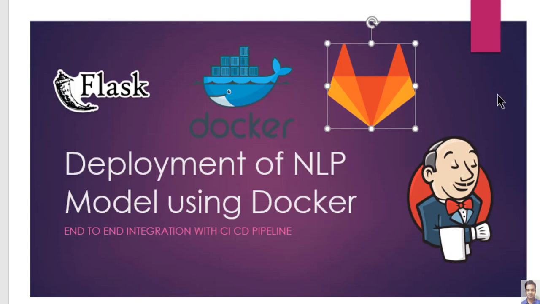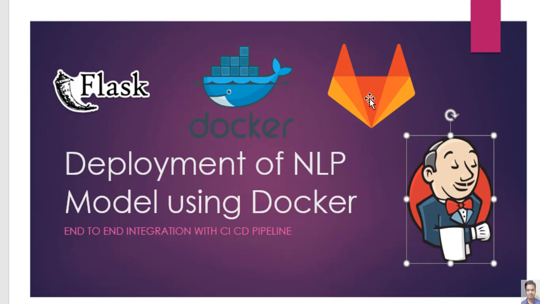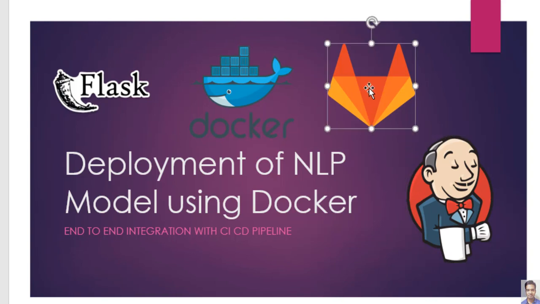For that, many companies are using GitLab. Git is generally for open source, and if you're an enterprise, many people are using GitLab. That's why I chose GitLab to make this video.